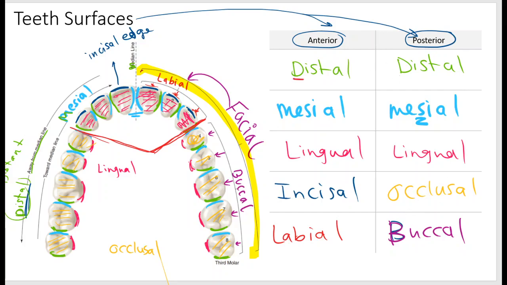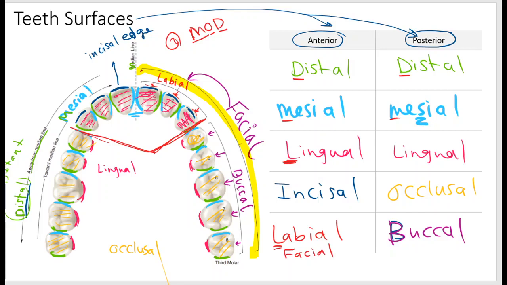So when I say, for example, an MOD cavity on a tooth, let's say number 2, a molar has an MOD cavity, you know that I mean mesial, occlusal and distal. So if we're using the same letter, if I use L, you will ask me, is it lingual or labial? That's why we usually use facial on the anterior teeth.